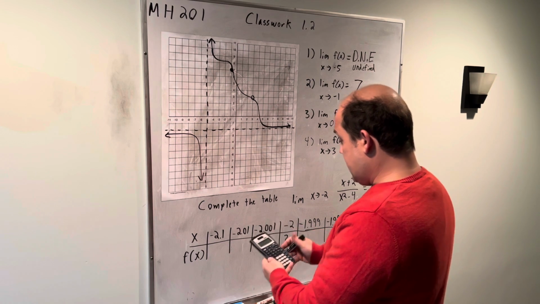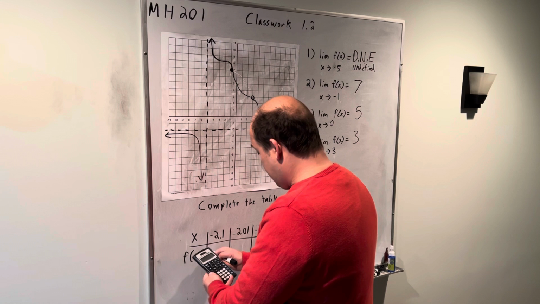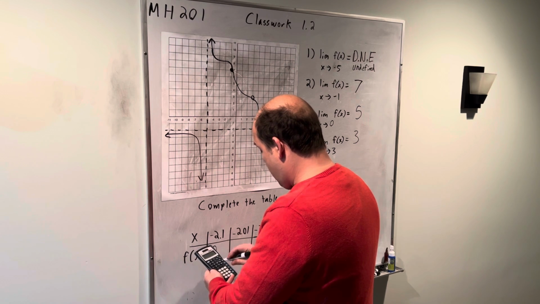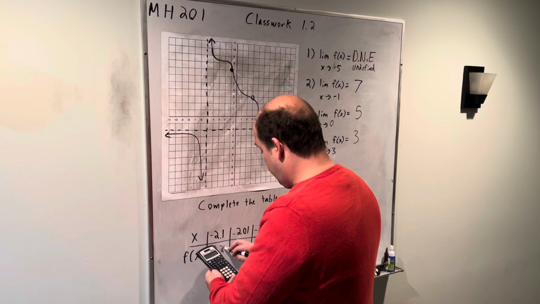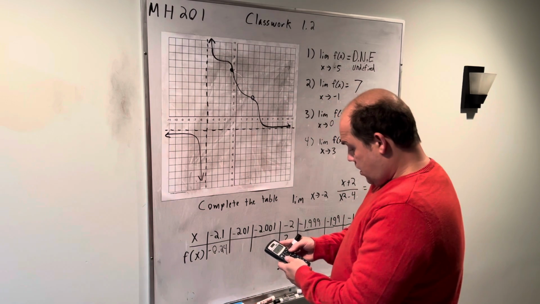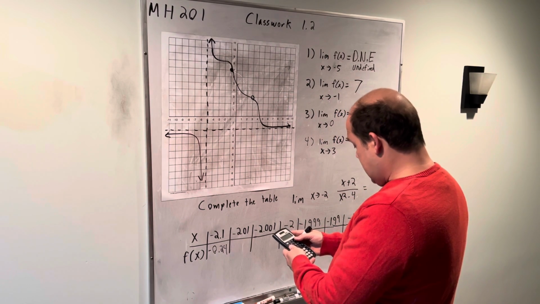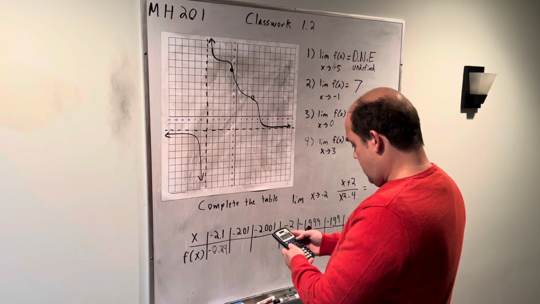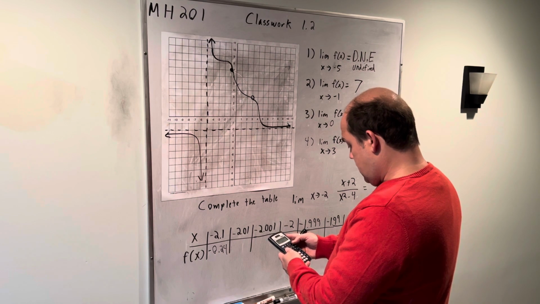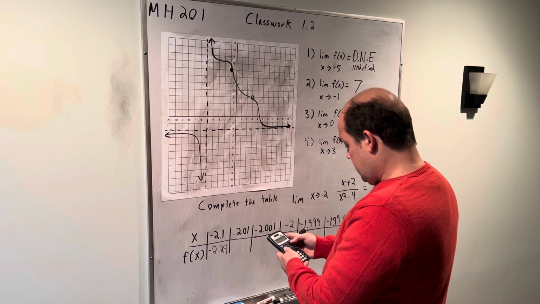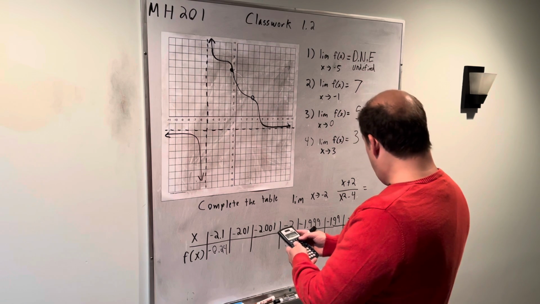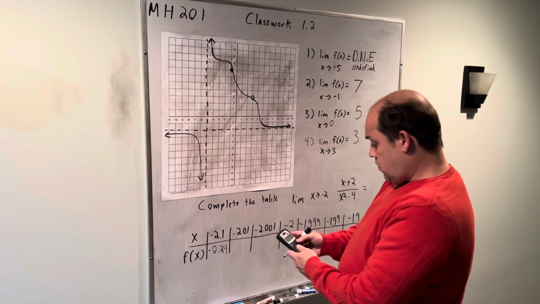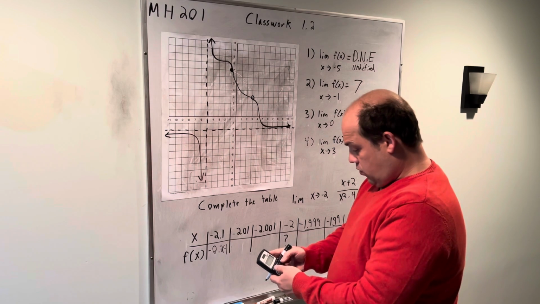When I hit enter, it gives me an answer of negative 0.24. Let me just make sure that I did that right. Negative 2.1 plus 2, and then I did negative 2.1 squared minus 4.